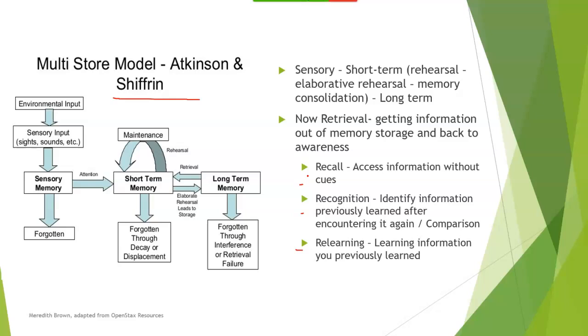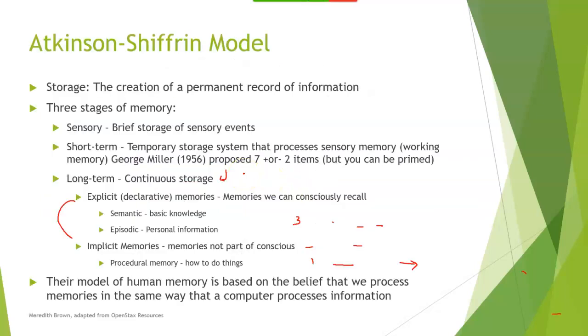Multiple choice is recognition. You've learned the Atkinson-Shiffrin model. So if it says, which one of these terms is not part of the Atkinson-Shiffrin model? And your choice is sensory memory, short-term memory, long-term memory, or semantic memory. Well, I guess semantic memory is part of the model, to be quite frank, because it is long-term.